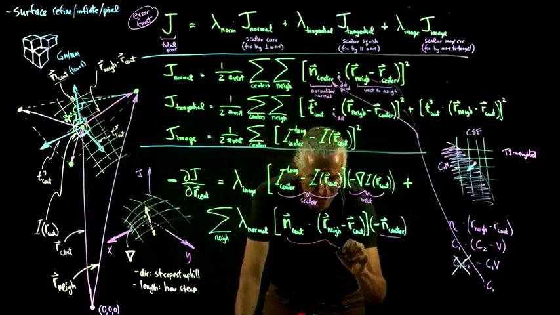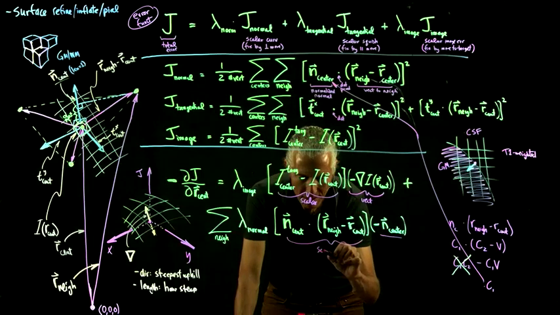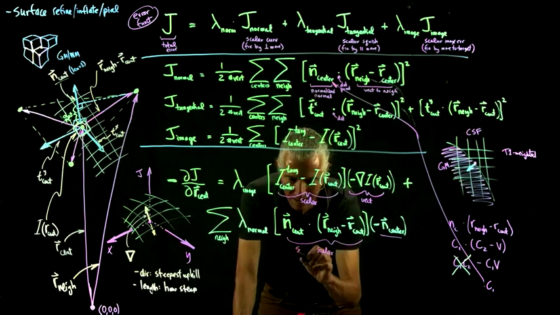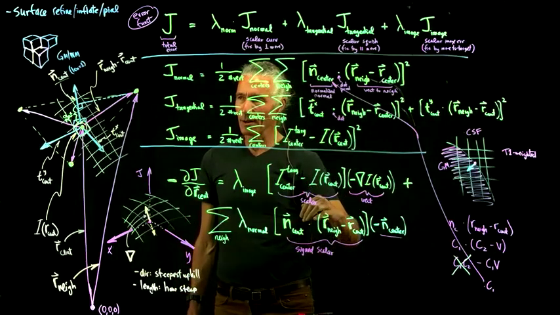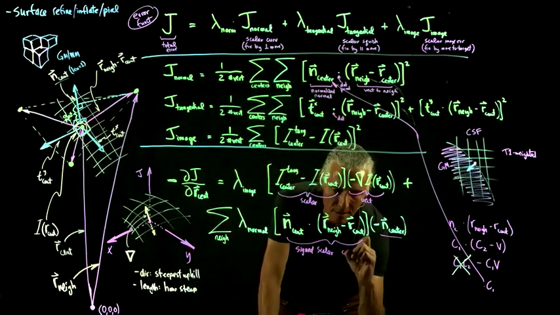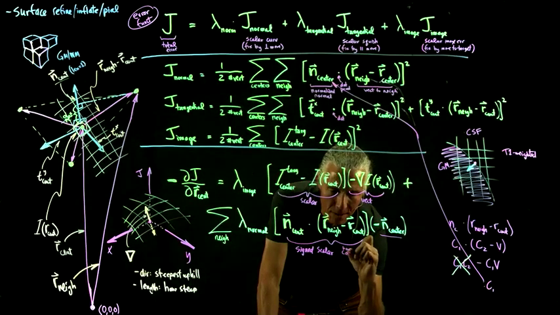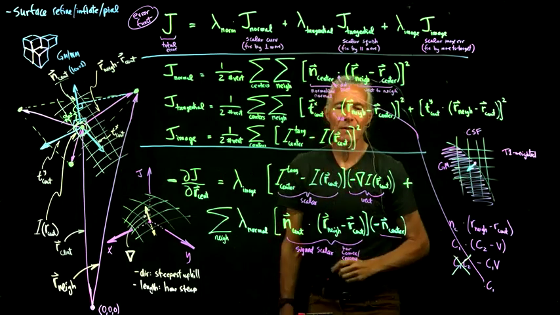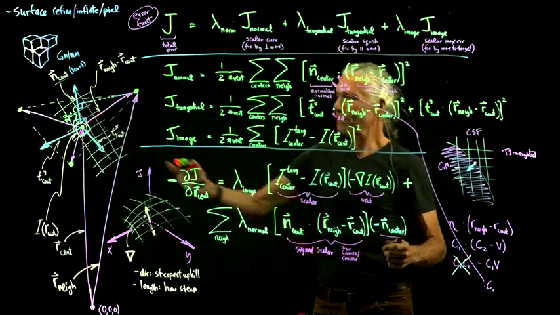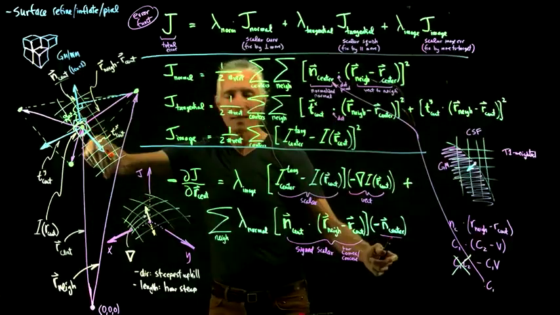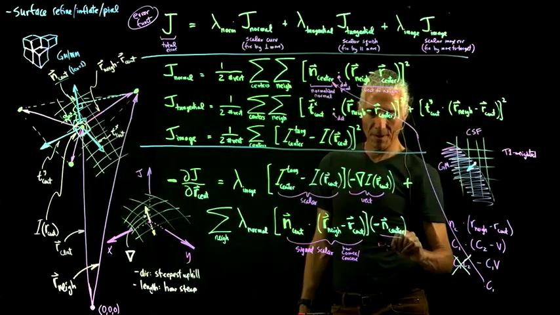This is a signed scalar, which tells us whether we are convex or concave, and how convex or concave we are. So how convex, which would be negative, or concave, which would be positive. And then this thing is just the negative of the surface normal. So the surface normal sticking out, it's just the negative of the surface normal. So this guy is which way to go.